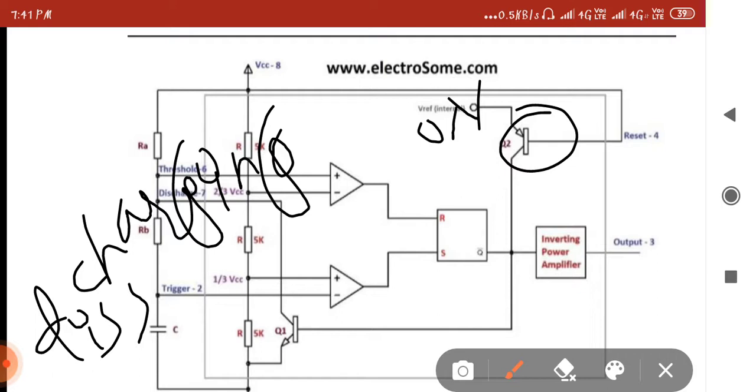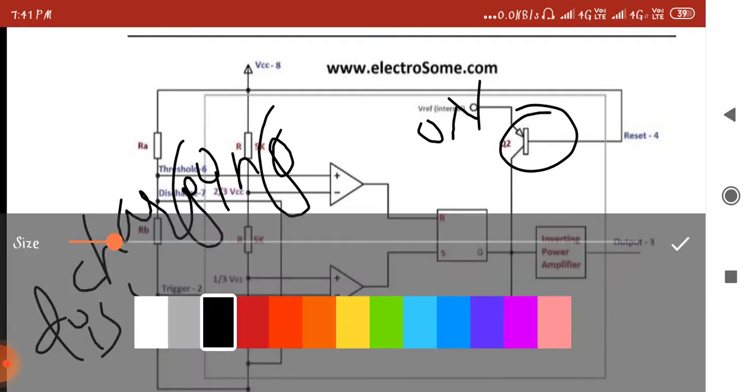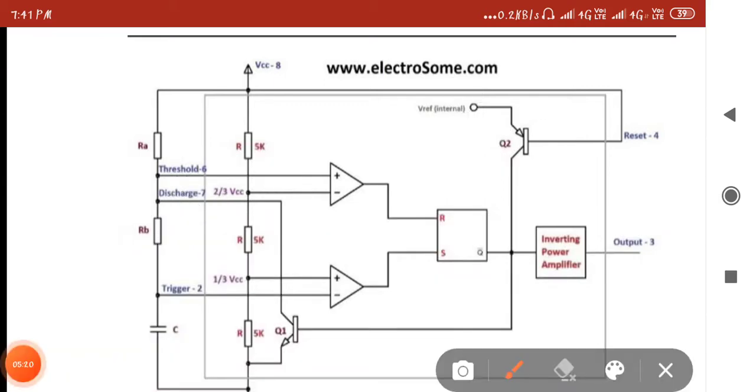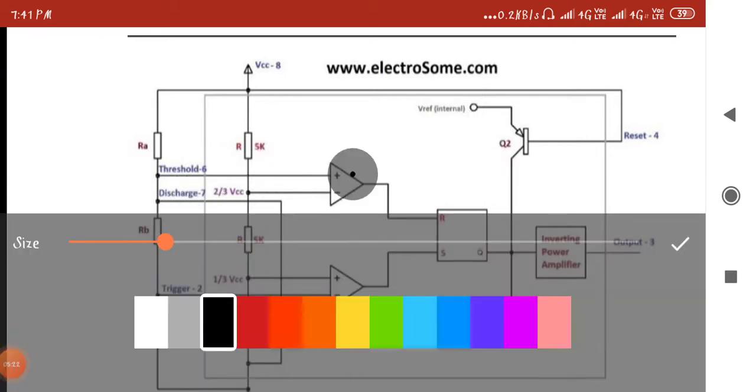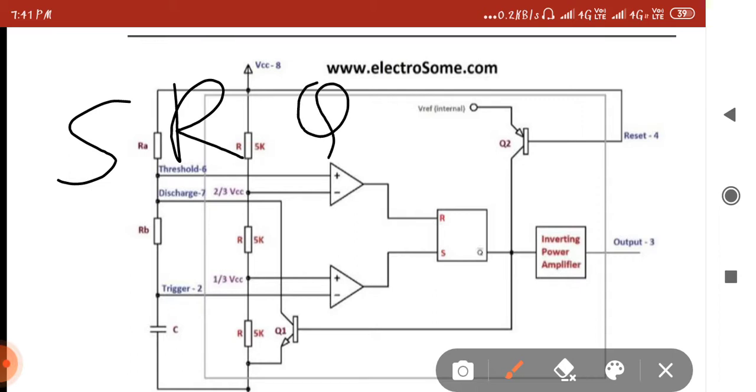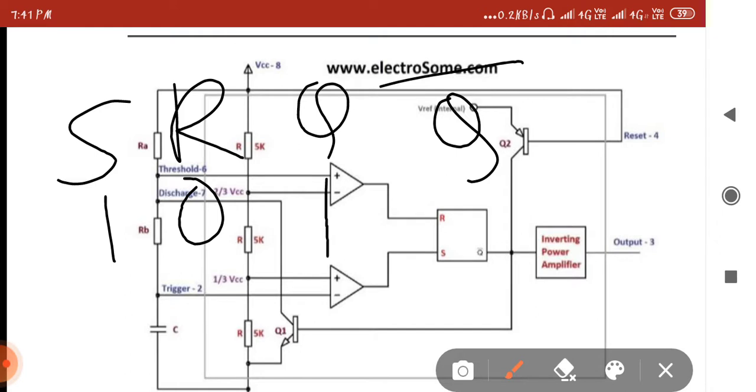This is the condition. Let us see how the SR flip-flop works. S is set and R is reset. Q is the output. Q bar is the inverse of the output. If S is 1, set is 1, reset is 0, Q is high and Q bar is 0.